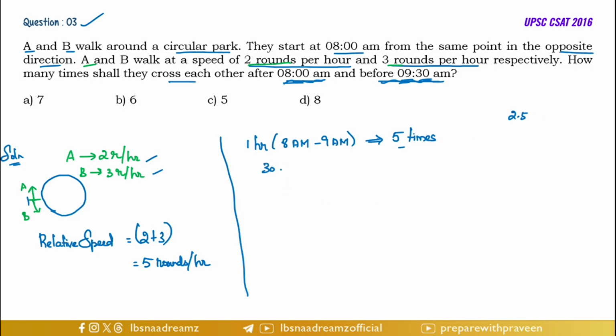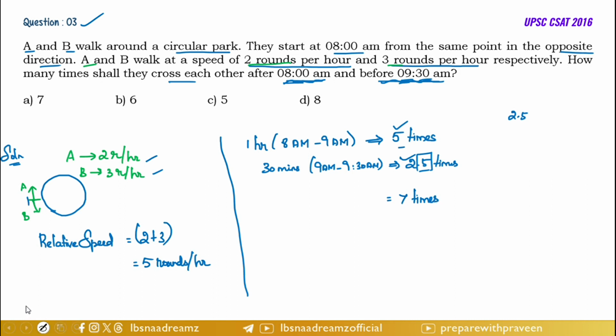So in the next 30 minutes, that is 9 a.m. to 9:30 a.m., they have crossed 2.5 times. The 0.5 is incomplete, right? So they must have crossed 5 plus 2, which is equal to 7 times.